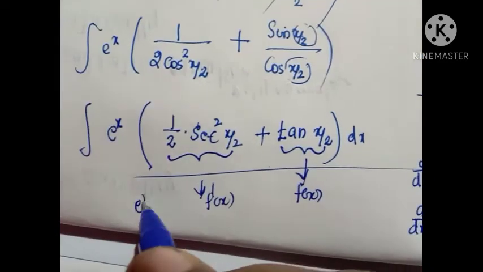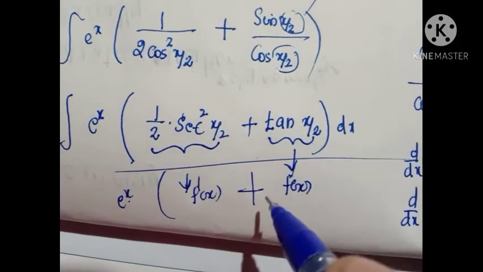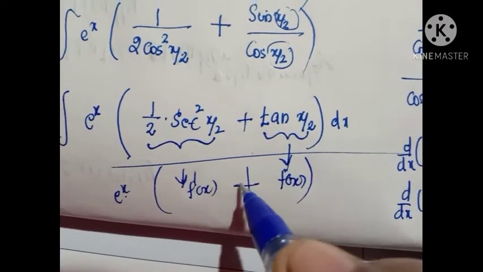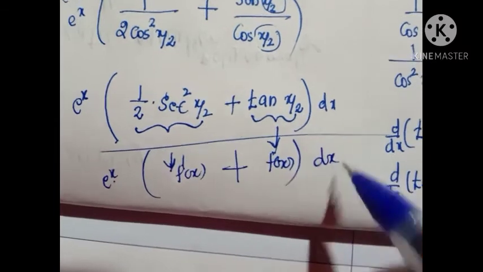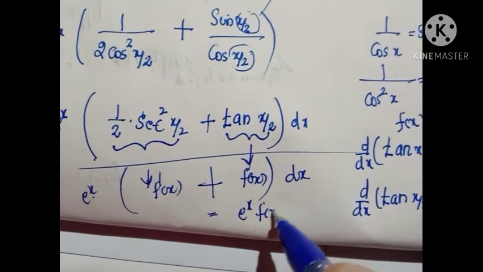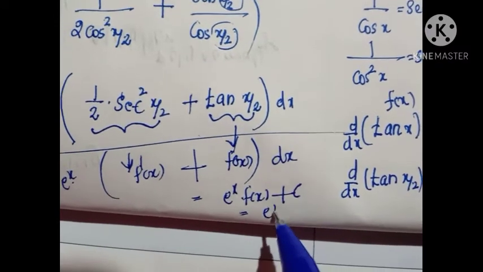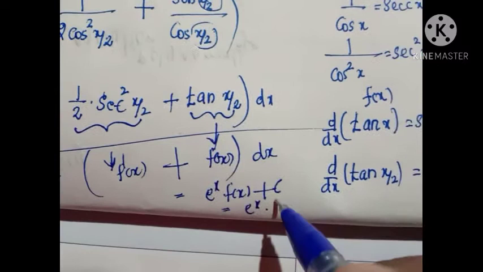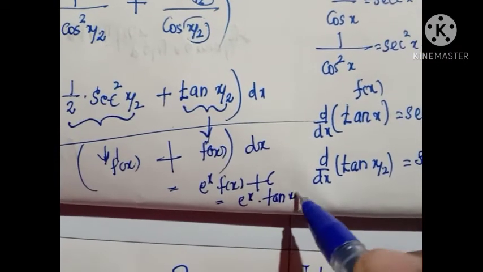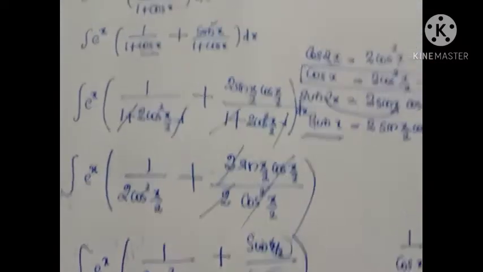So, the given integrand is of the form e raised to x into f of x plus f dash of x dx. So, what is the answer? E raised to x into f of x plus c. That is e raised to x into f of x, that is tan x by 2 plus c. It's clear?